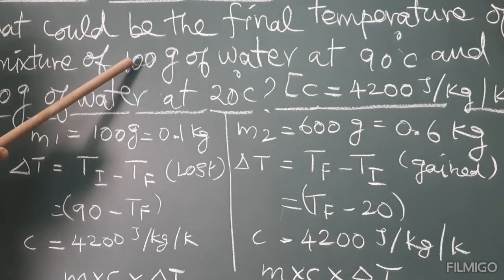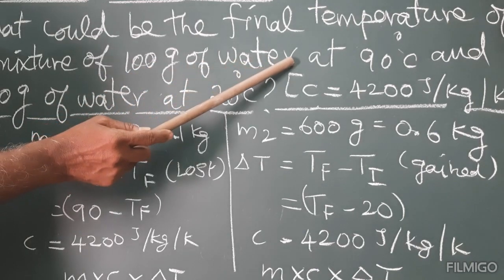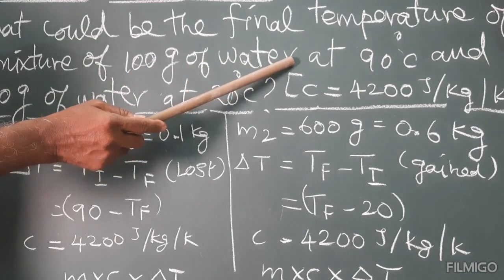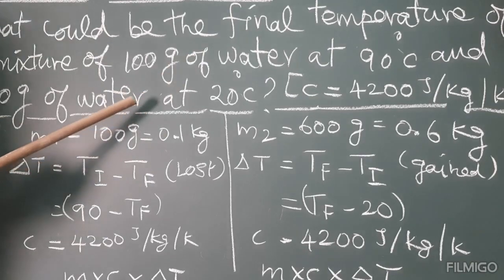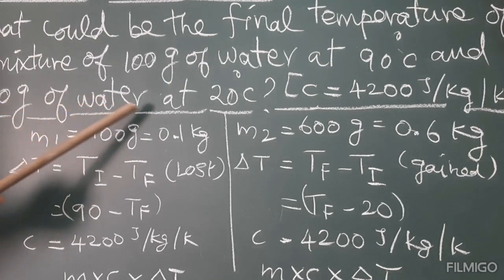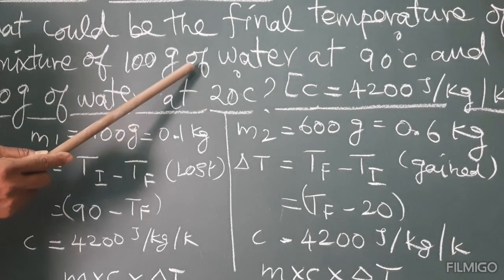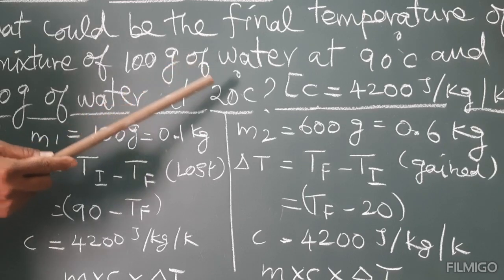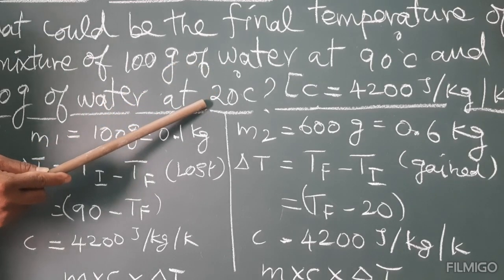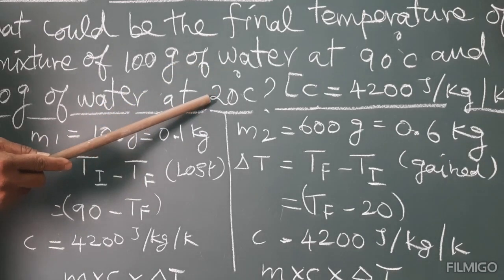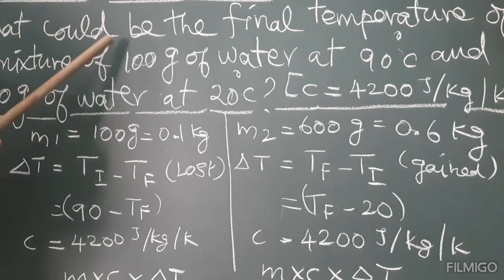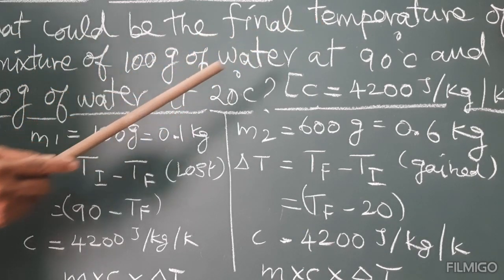In that case, this 100 grams of water will lose its heat energy and its temperature falls, whereas this 600 grams of water gains the heat energy given by the 100 grams of water, and its temperature rises. So the question asked is, what could be the final temperature of the mixture?